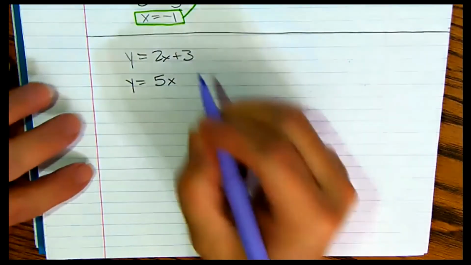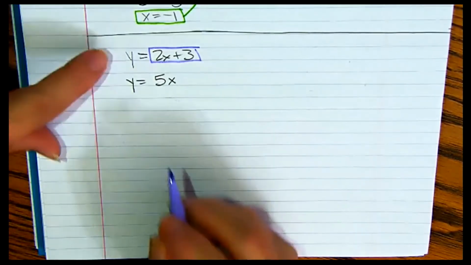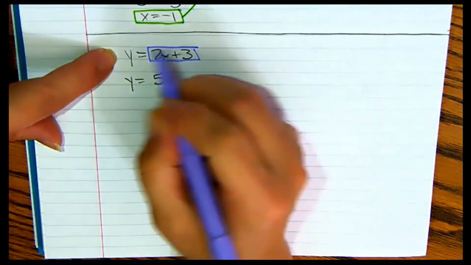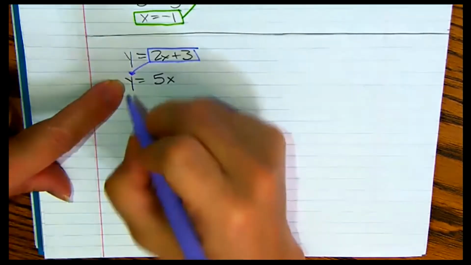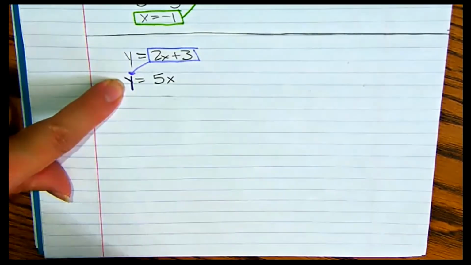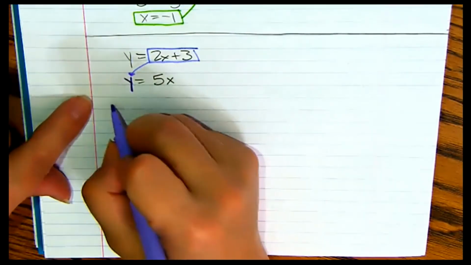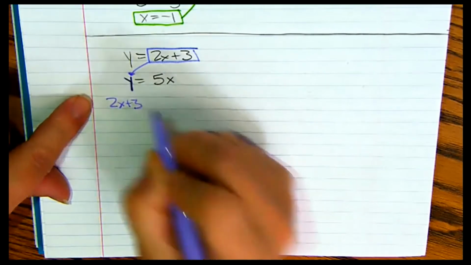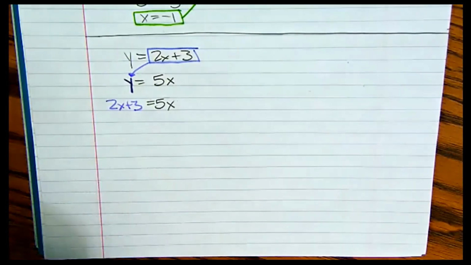Since y is equal to that, I'm going to substitute all of this for this y. Okay, so now I have 2x plus 3 is equal to 5x.